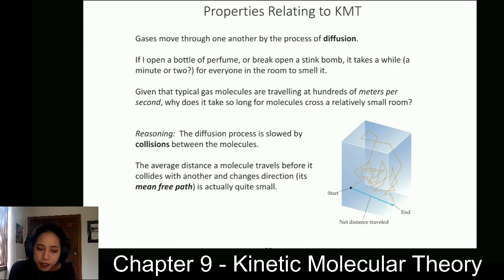We know that gases are traveling at hundreds of meters or miles per hour, but why does it take so long for a molecule to get from one side of the room to the other? The reason is that in diffusion, when gases go from point A to point B, they're slowed down by collisions with other molecules or the walls of the container.